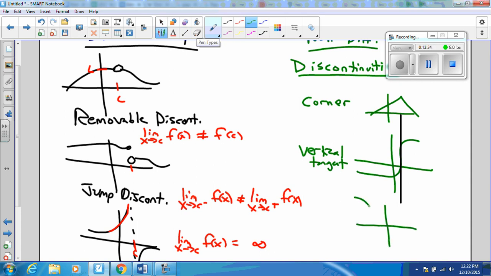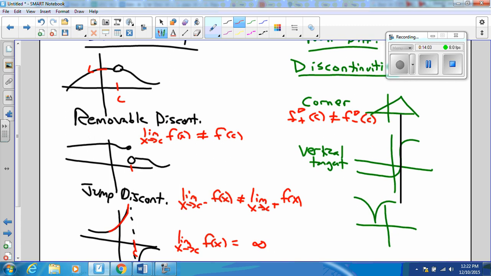And then we also have the really strange one, the cusp. A cusp has the feature that the tangent is vertical, but we have different signs of infinity on either side. And so what defines a corner is that the derivative from the right at c is different from the derivative from the left at c. Notice the big difference here.